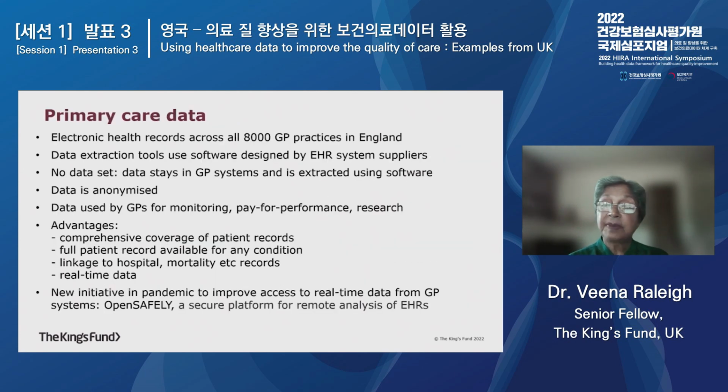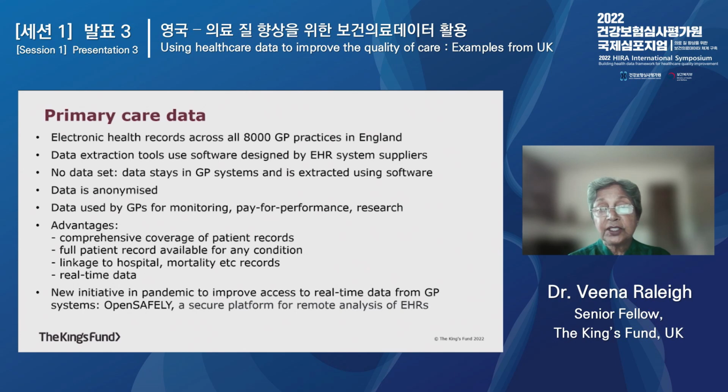So I'll start by talking about primary care data. And here I'm talking about data in general practice. There are about 8,000 general GP practices across England. I'll be talking in my talk mainly about data, but there's similar health data for the other countries as well.